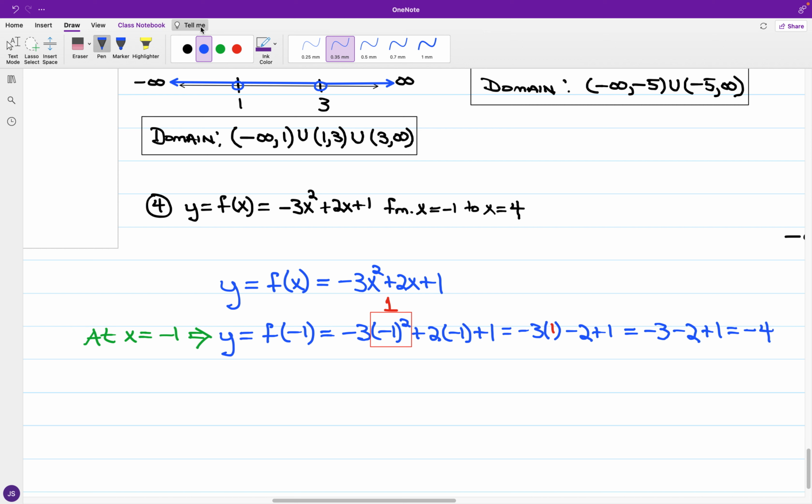Now, for the case of x is equal to 4, we have y is equal to f of 4. So we have negative 3 times the square of 4, plus 2 times 4, plus 1.